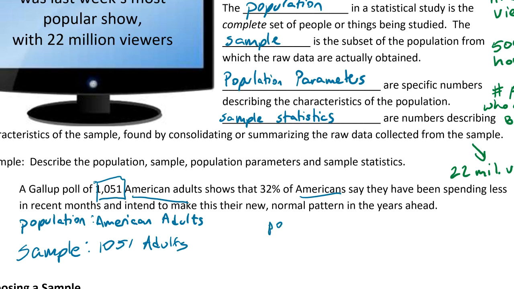All right, next up, the population parameter. That's what we're actually trying to describe here. So right here, we're trying to say the percentage of Americans that say that they've been spending less. So that would be our population parameter: the percentage of Americans spending less.